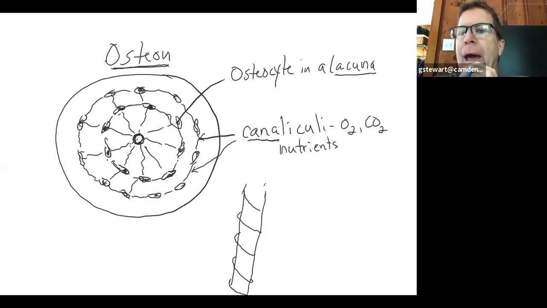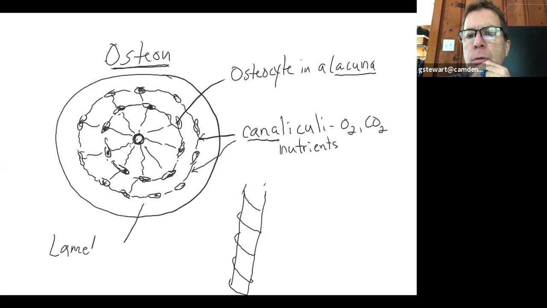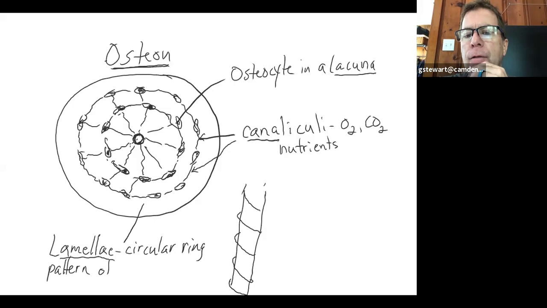The circular pattern has a name to it. This word, lamellae, refers to the circular ring-like pattern of hard bone matrix.